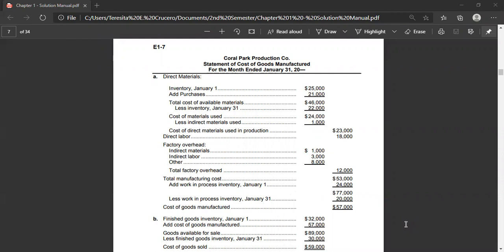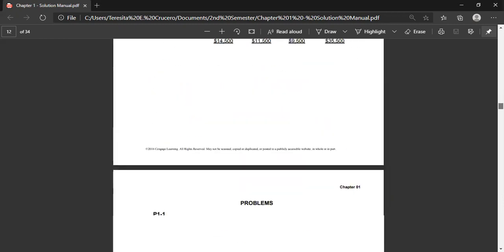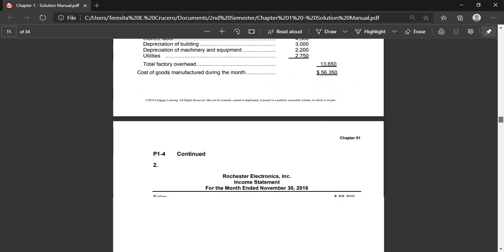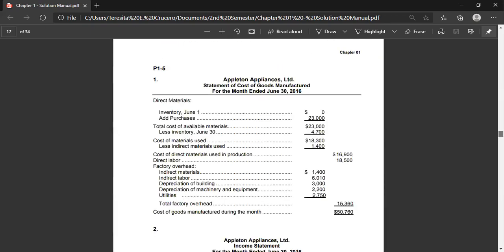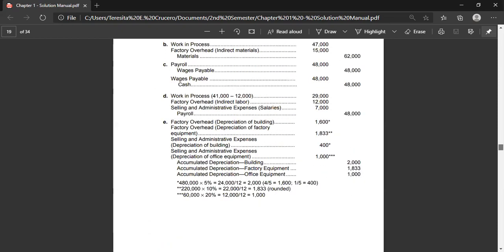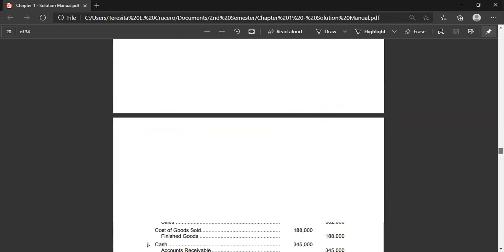You find this 1-7 on page 61, with several requirements. So 1-7, journal entries and account analysis. So problem 1-7, you refer to pages 61 to 62. And let us answer problem 1-7.